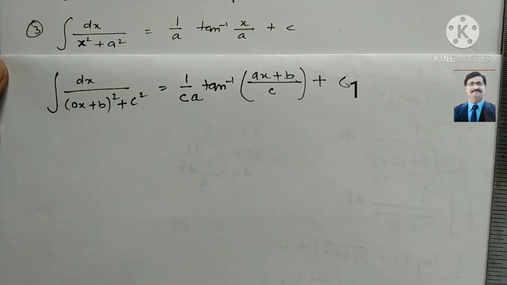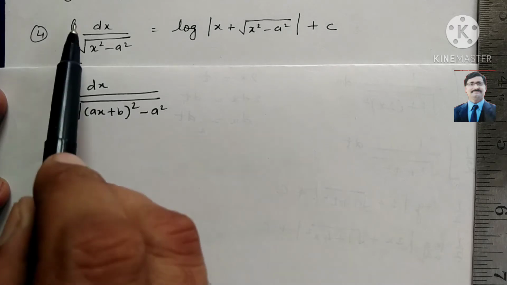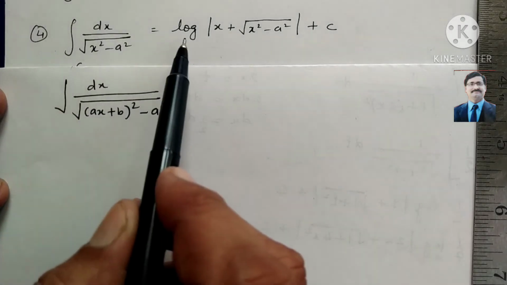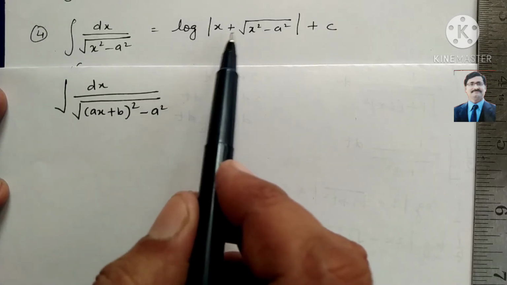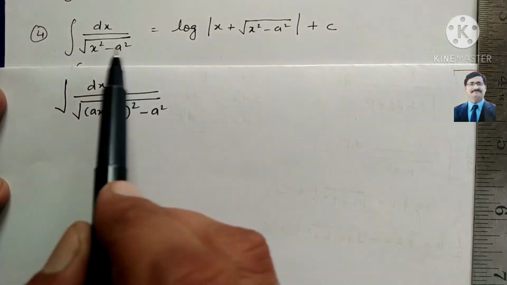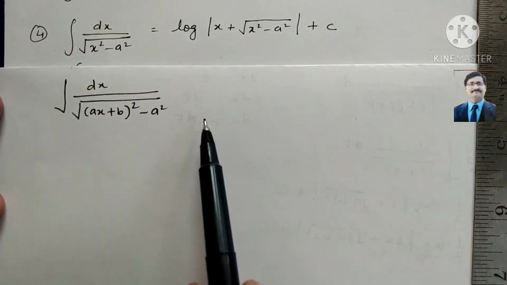All of you understand this? Look, we know the integral of dx upon root x square minus a square is equal to log modulus of x plus root x square minus a square plus c. These two are the same as it is.